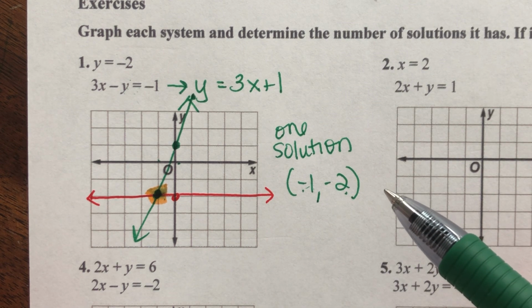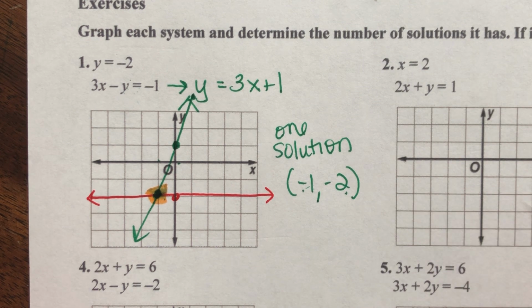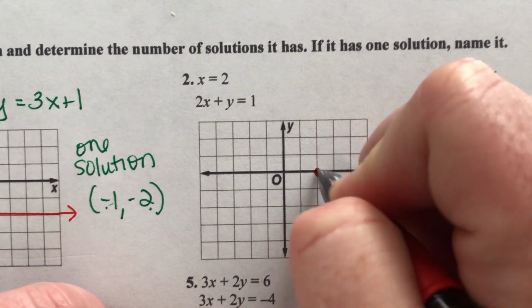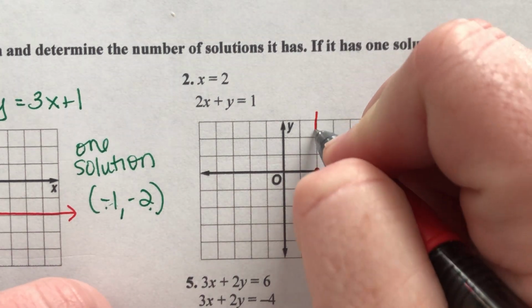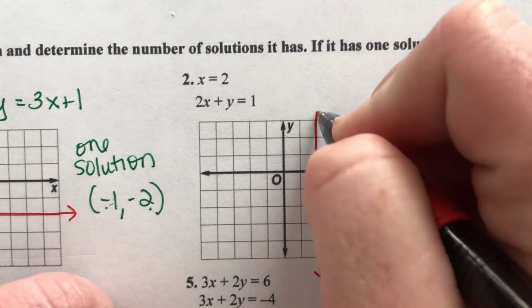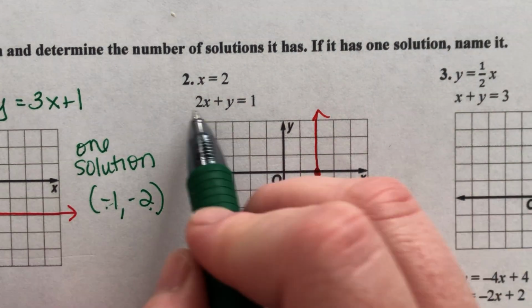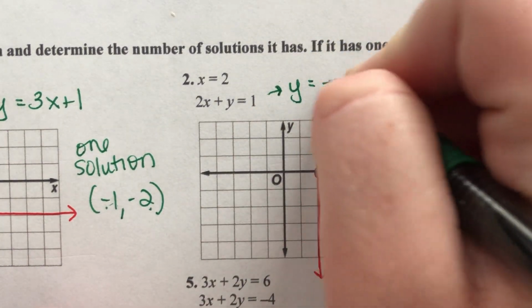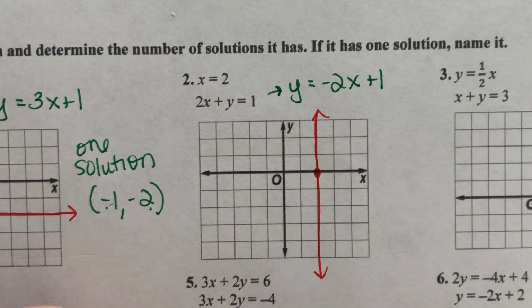Okay, if they don't touch at all, then they have no solutions. If they lie on top of each other, then they have infinite solutions, they share all the same solutions. Okay, next problem. X equals 2. So on my x-axis, I go over to 2. There's no y variable, so this is a vertical line. And then for this one, I'm going to get it in y equals mx plus b form, -2x plus 1.